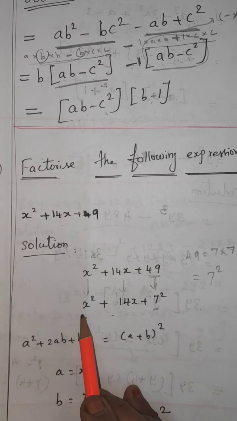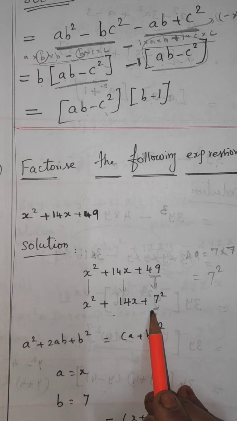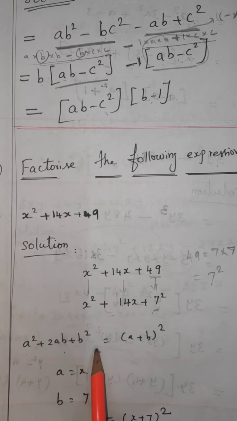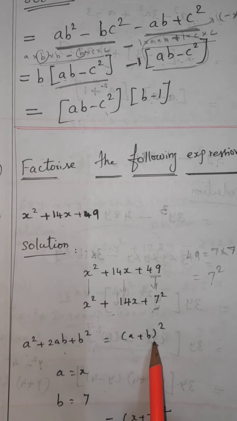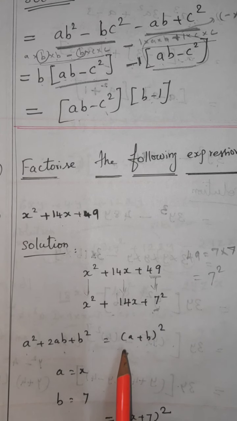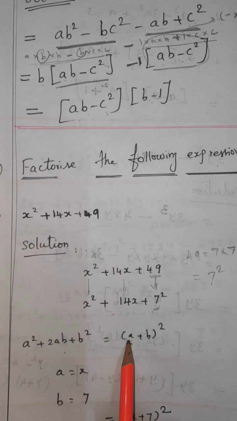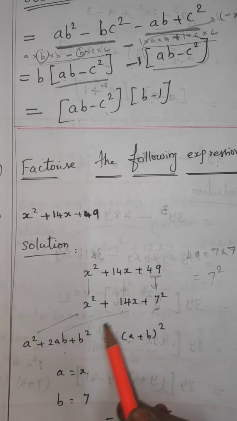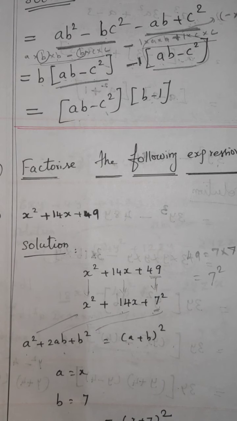You see, all the symbols here are plus symbols. Which identity is used there? A squared plus 2ab plus b squared equals a plus b whole squared. This formula comes here. So a squared is for x squared, 2ab for 14x, b squared for 7 squared.